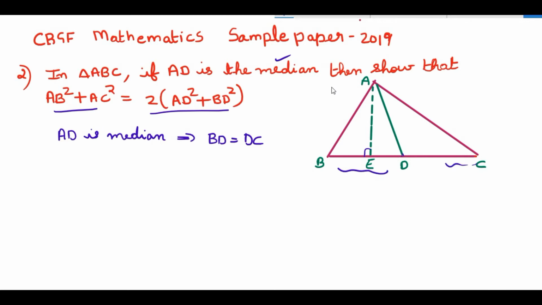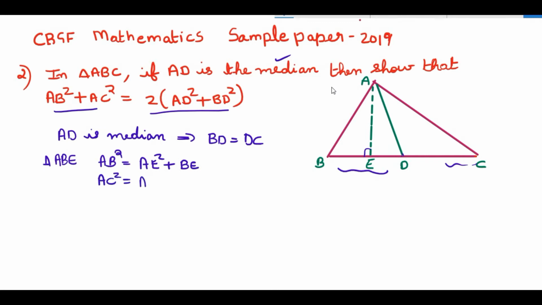Now we are going to use the Pythagoras theorem here in this triangle ABE. In the triangle ABE, when you use Pythagoras theorem, what will be AB square? AB square is nothing but AE square plus BE square. Same way, if you consider the triangle AEC, what will be AC square?